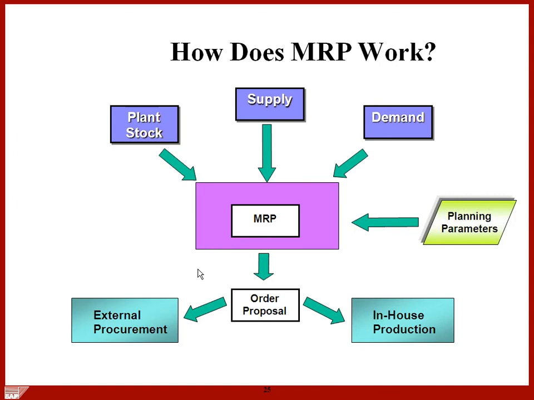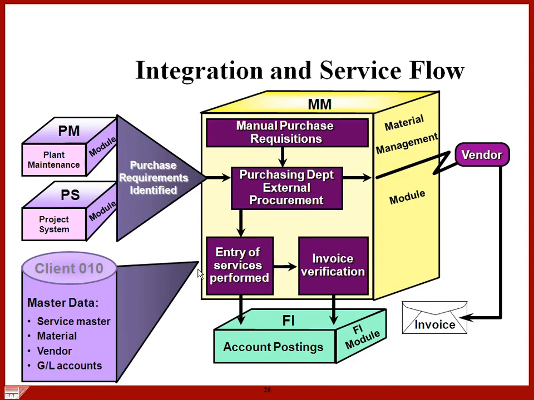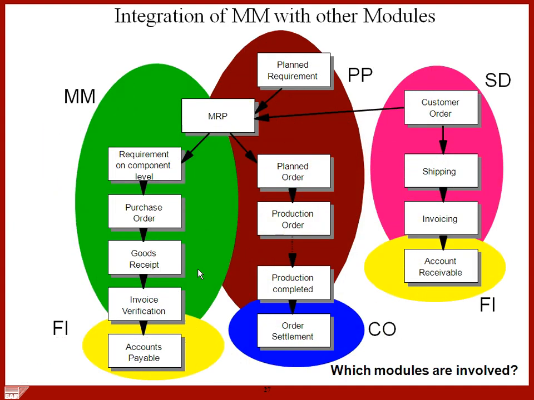Then we will see how an MRP works, we will see the service flows, and we will see the integration points when you work with valuation, that is called MM-FI integration.